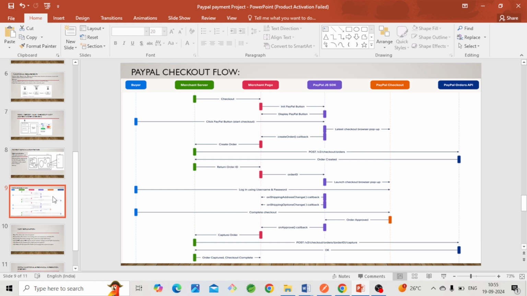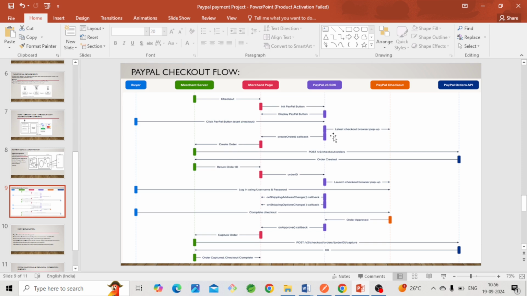Next, when the web page has been initiated and the buyer clicks on the PayPal button, an order is created. See here, the create order callback. After the buyer clicks the PayPal button, an order is created using a post request.